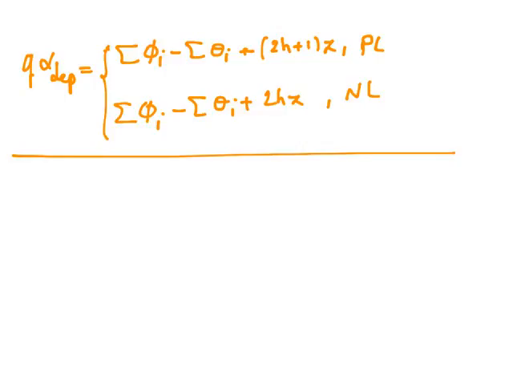So let's do it for the pole P1, which is at minus 2 plus 3j. We don't have any zero, so we don't have any phi i, we just need to determine the values of the theta i's.